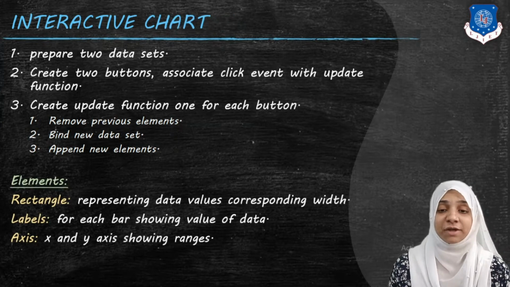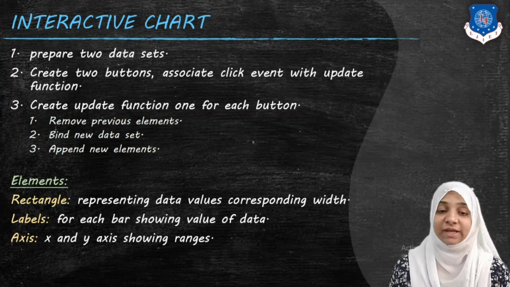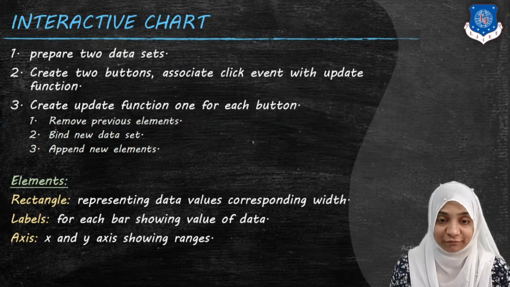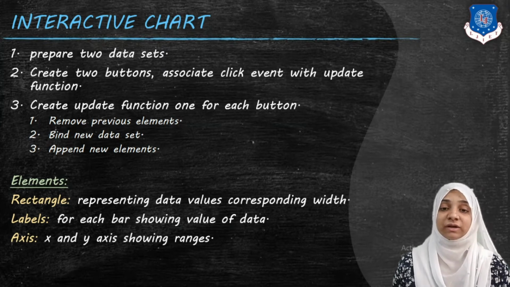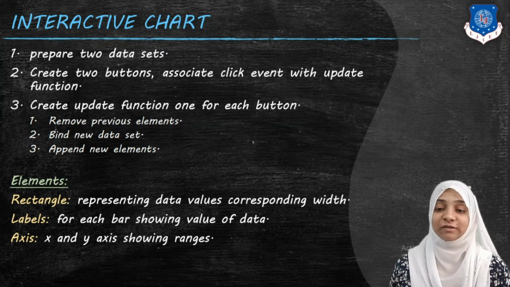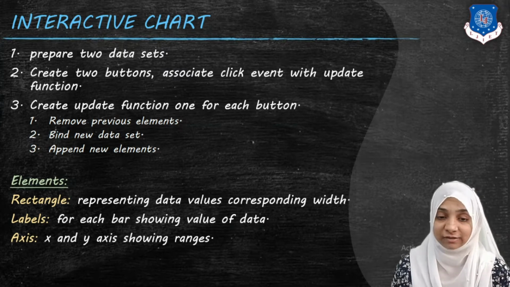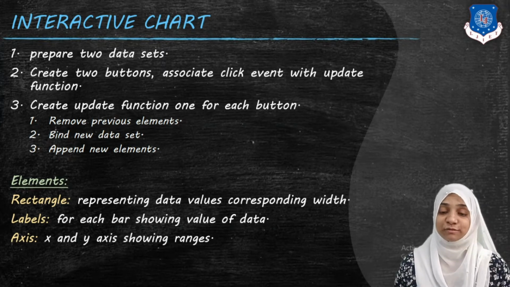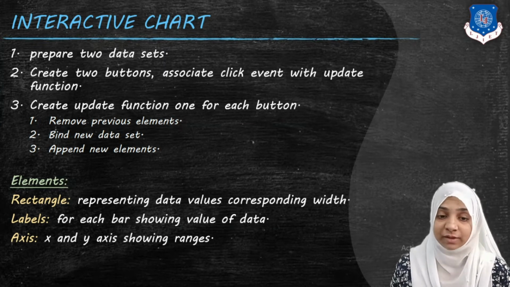Now, when we are talking about the elements of a graph, what do we mean? We are dealing with graph elements like bars, which are represented with the help of rectangles. When we are preparing a bar chart, the width of a rectangle corresponds to the data value stored inside the data set. So rectangles represent data values, corresponding to their width.